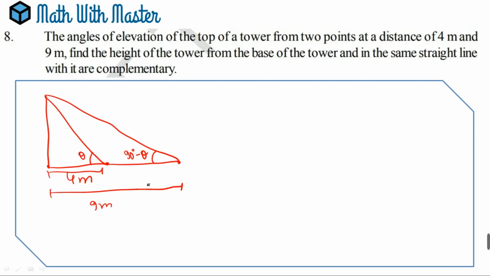So the thing which is asked in the question is the height of the tower. So how to find it? The first thing we should do is name the points.